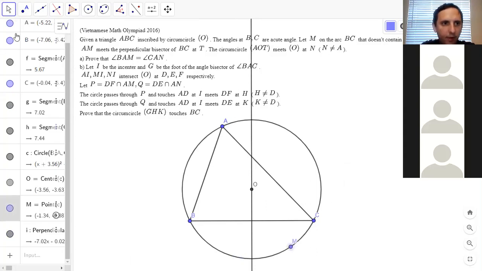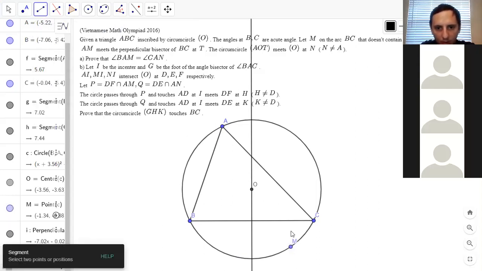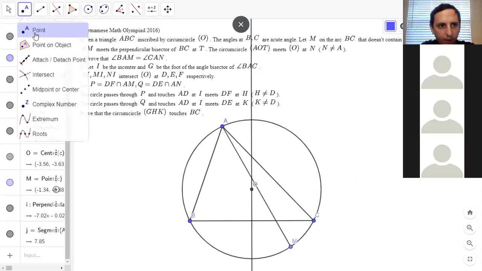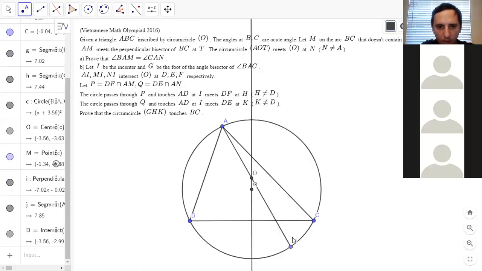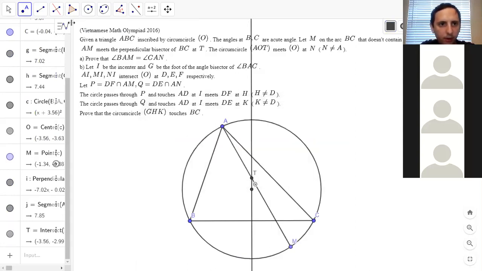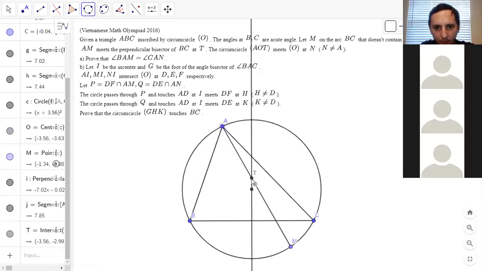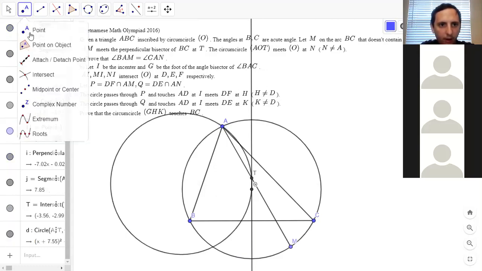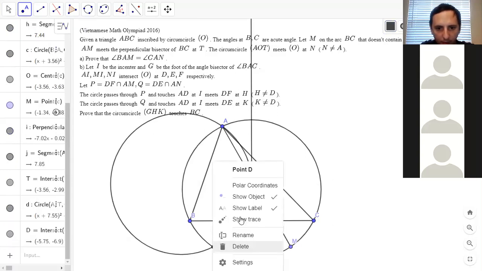So for the first part, this point right here is T. And the circumcircle of AOT meets the circle at point N. So yeah, the first part doesn't look as hard. It kind of looks a little familiar. We want to show angle BAM is equal to angle CAN.